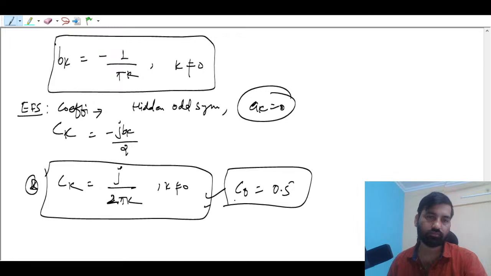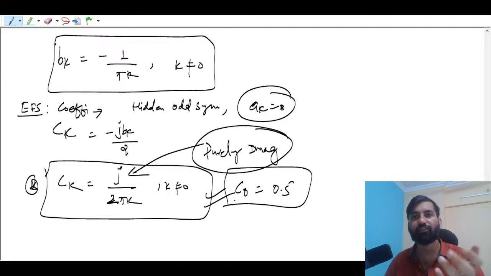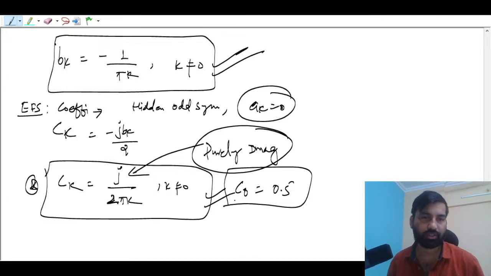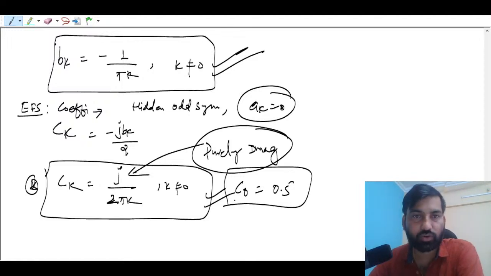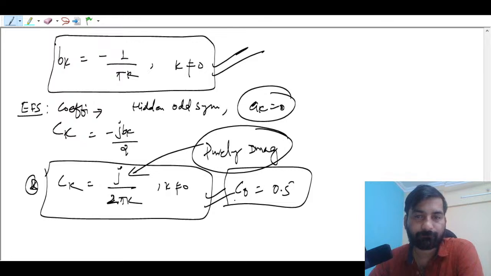Yeah? और आप देखोगे, नोटिस करोगे, दिस इज प्योरली इमेजिनरी because the signal is odd, right? Given waveform is odd, right? और आप समझ सकते हो, ठीक है? तो Fourier series को exponential Fourier series coefficient is gonna be odd. So I think this is clear for all, right? So this is how you have.